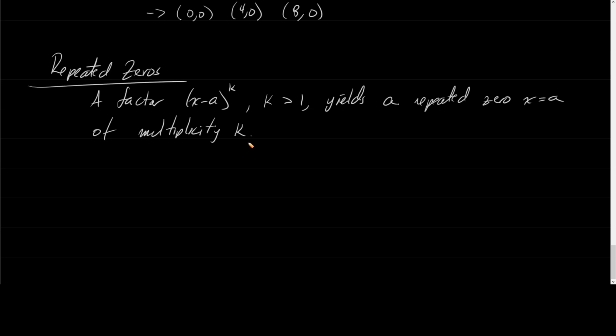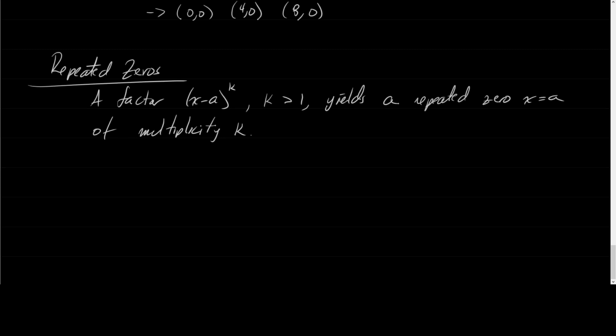Notice here that k has to be greater than 1. In practice, though, I'm going to be using the or equal to as well. Strictly by definition, being equal to 1 would not be a repeated zero because it doesn't repeat, right? But when we talk about multiplicity, we're going to be sort of fudging those rules a little bit to allow for x equals 1 to be mentioned in its multiplicity.